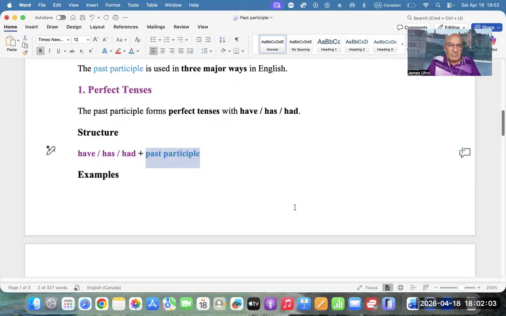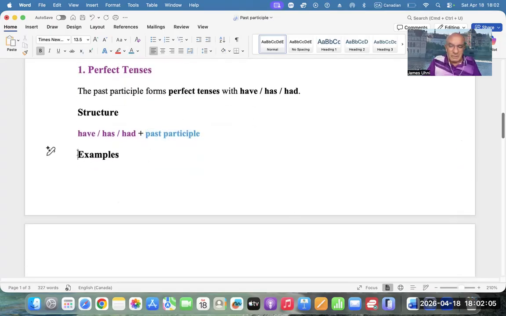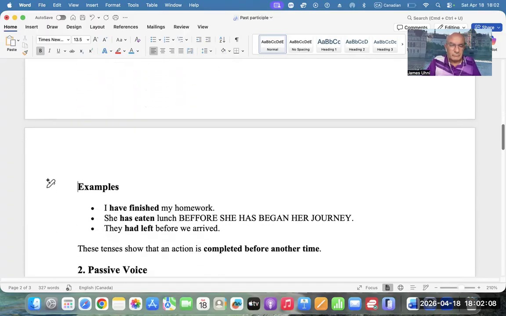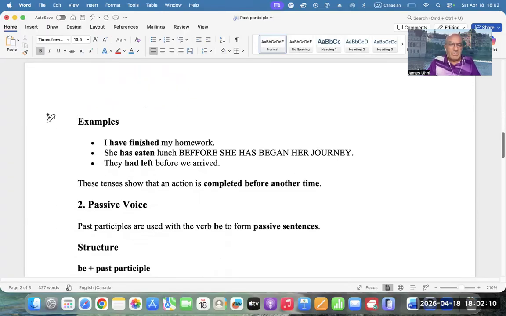You see, it's important. So here are some examples. I have finished my homework. She has eaten lunch. And this is part of the sentence, because we can stop right here. But we have, she has eaten lunch before she has begun her journey. I have finished my homework before I went to play football in the park.